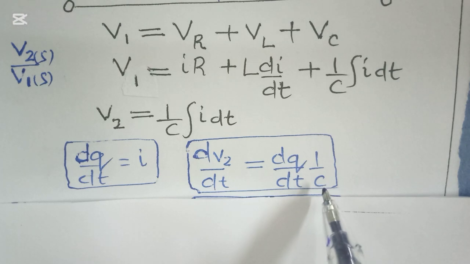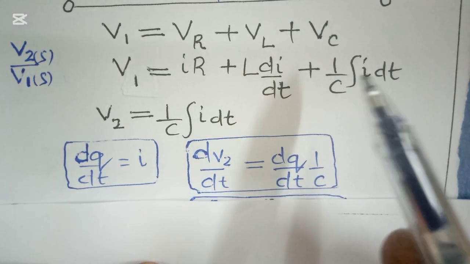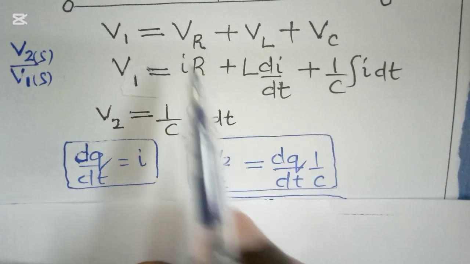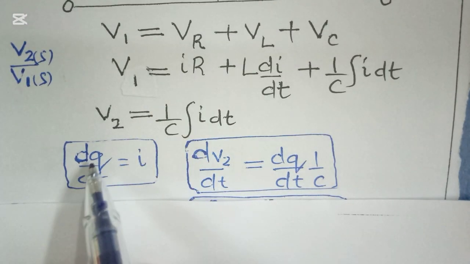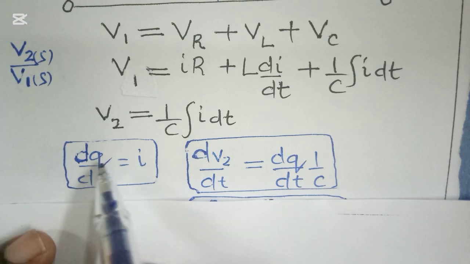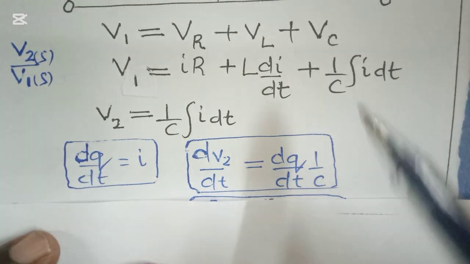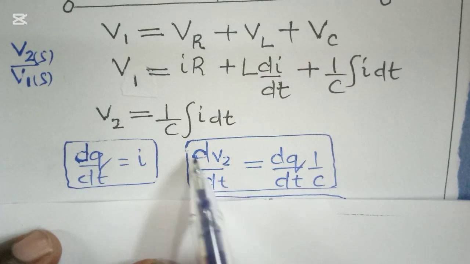We are now able to replace I, which is dq/dt. Instead of writing dq/dt, we shall write C dV2/dt.